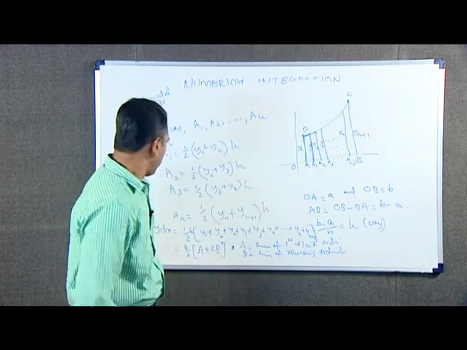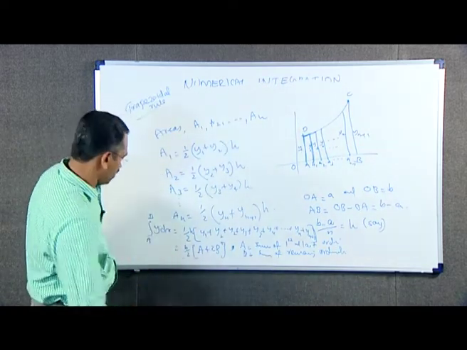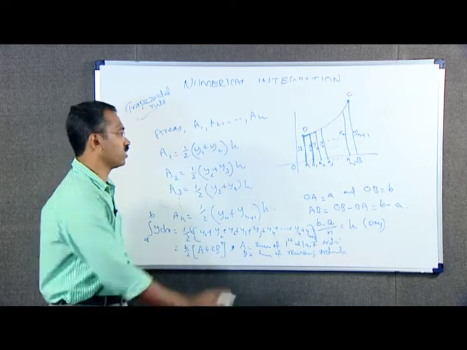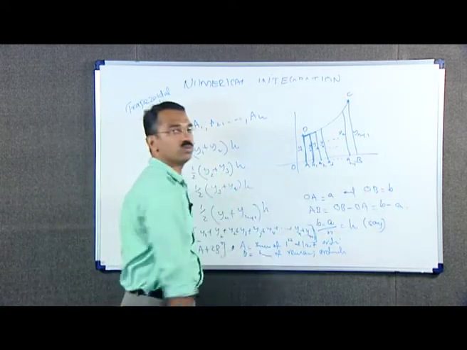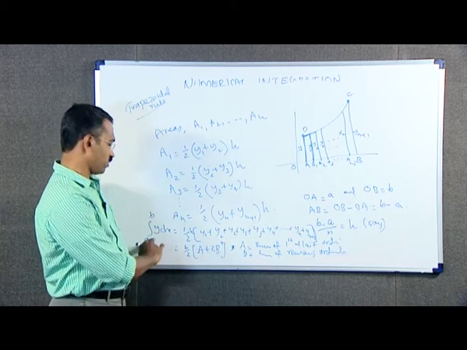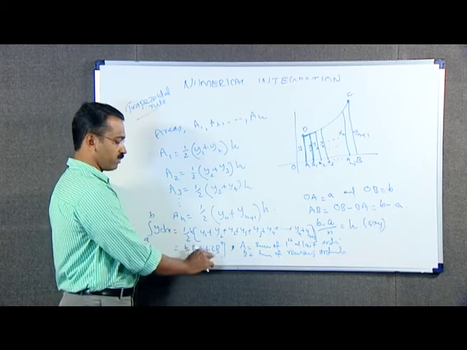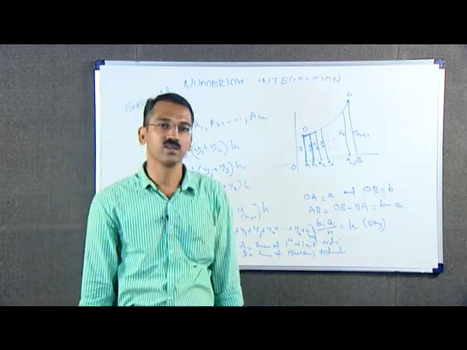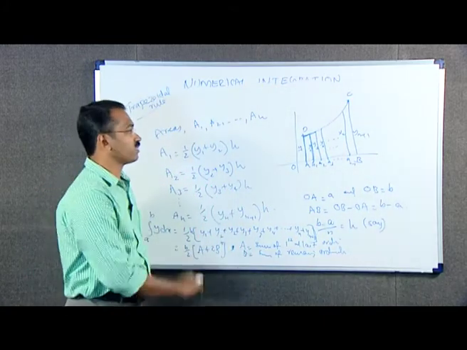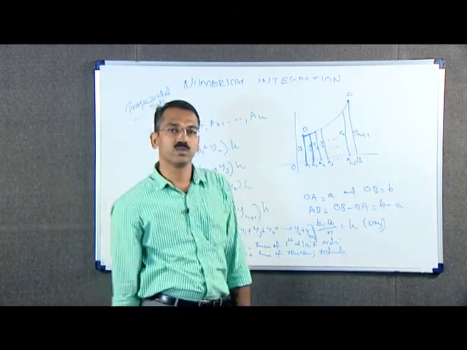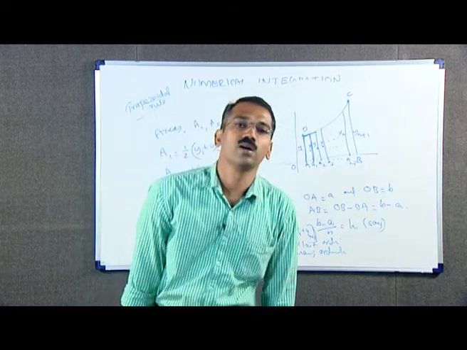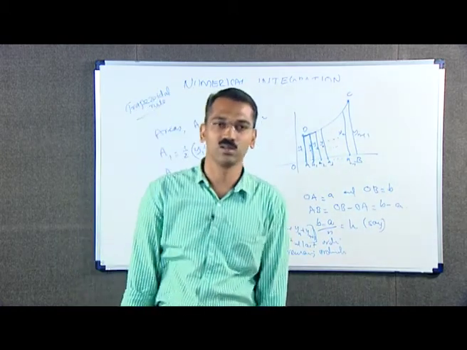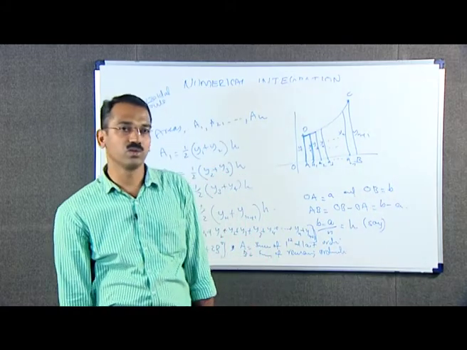That is the total area, integral from a to b of y dx, with small a and b because OA equals small a and OB equals small b. Therefore, integral from a to b of y dx is equal to h by 2 into A plus 2B, where A is the sum of first and last ordinates and B is the sum of the remaining ordinates. This is the geometrical interpretation of the trapezoidal rule. Here we used trapeziums, so this rule is called the trapezoidal rule.